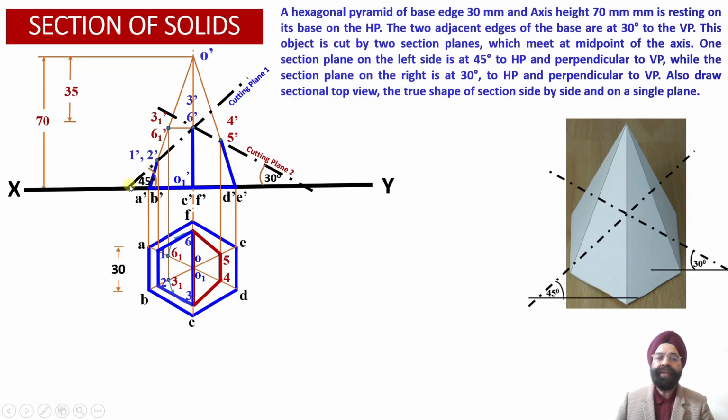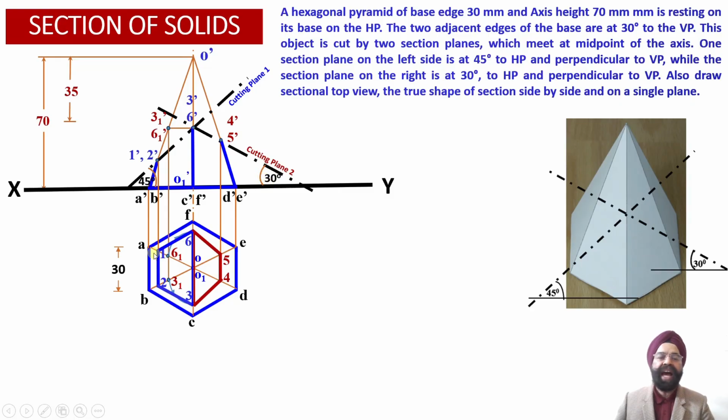Now we can observe that cutting plane number 1 and cutting plane number 2 are both not parallel to the XY reference line or the horizontal plane. Both of these auxiliary inclined planes are inclined with respect to HP at angles of inclination 45 degrees and 30 degrees respectively.